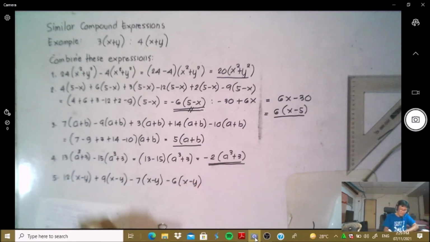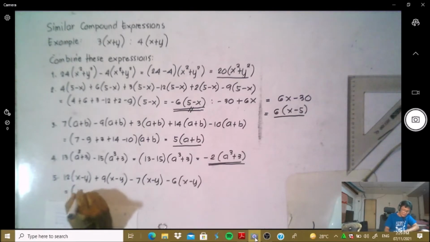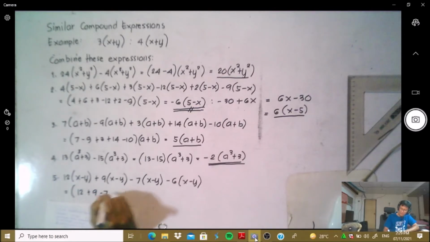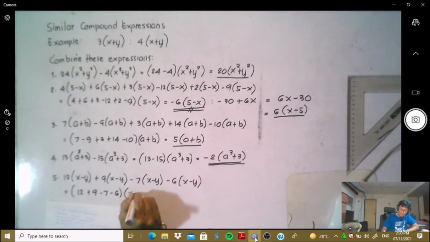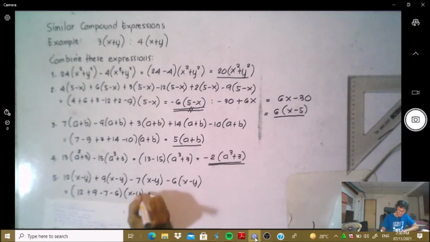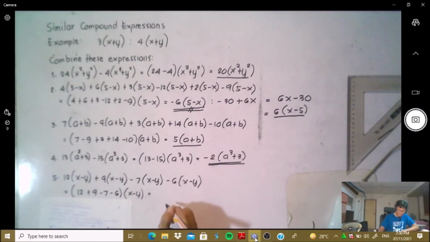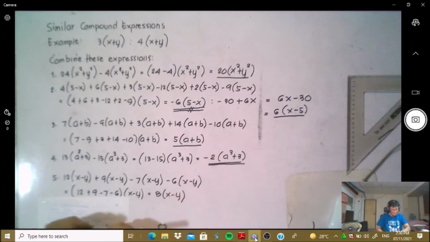Okay, so we will factor out x minus y, so we have 12 plus 9 minus 7 minus 6 multiplied by the quantity x minus y. And this is equal to 8 multiplied by x minus y. Okay, that is our answer for number 5.